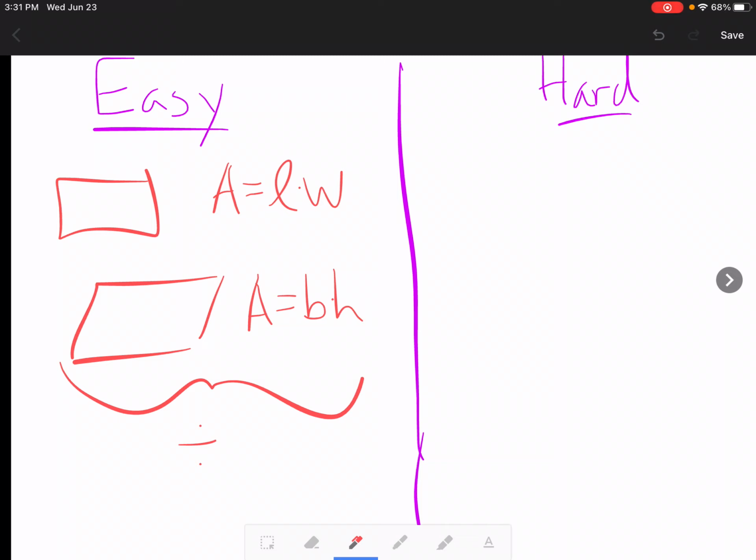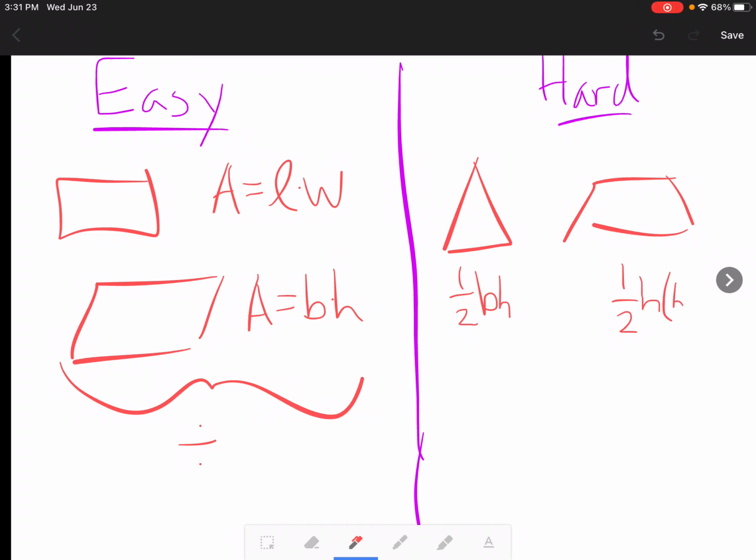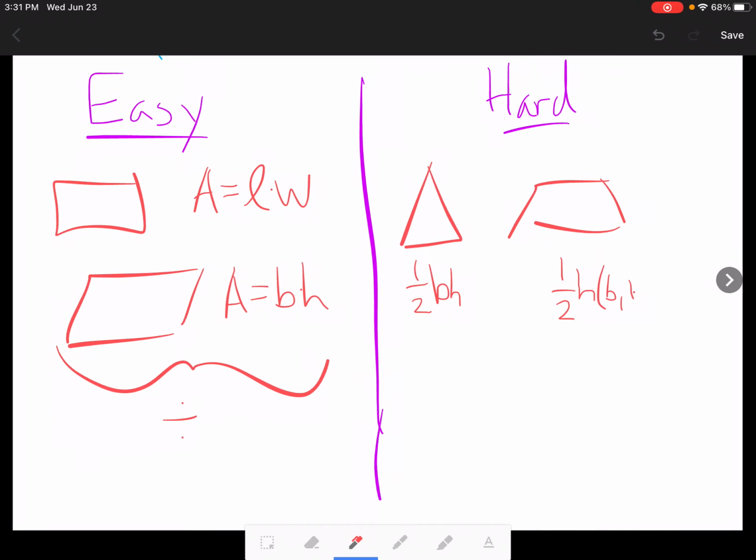Now, the harder ones are triangles and trapezoids. And that's because in each of these, we have a 1/2 in their area formula. So 1/2 base times height, 1/2 height times B1 plus B2. That makes things a little bit tricky.